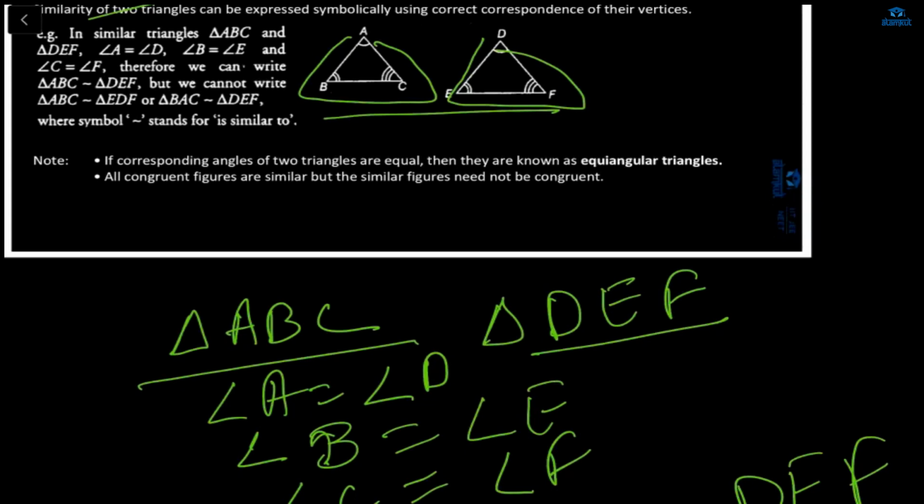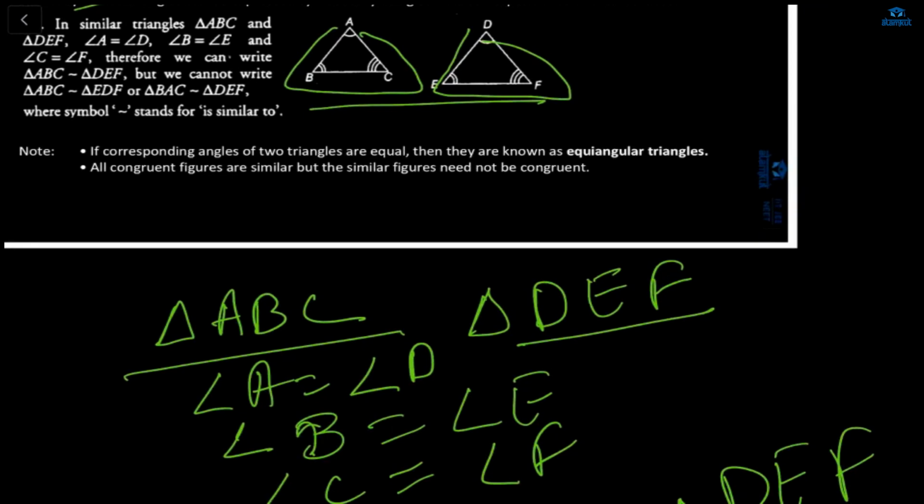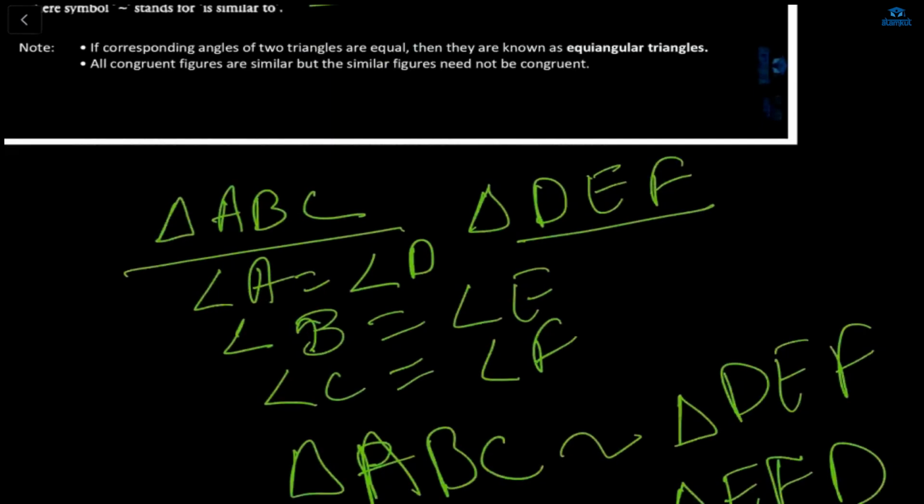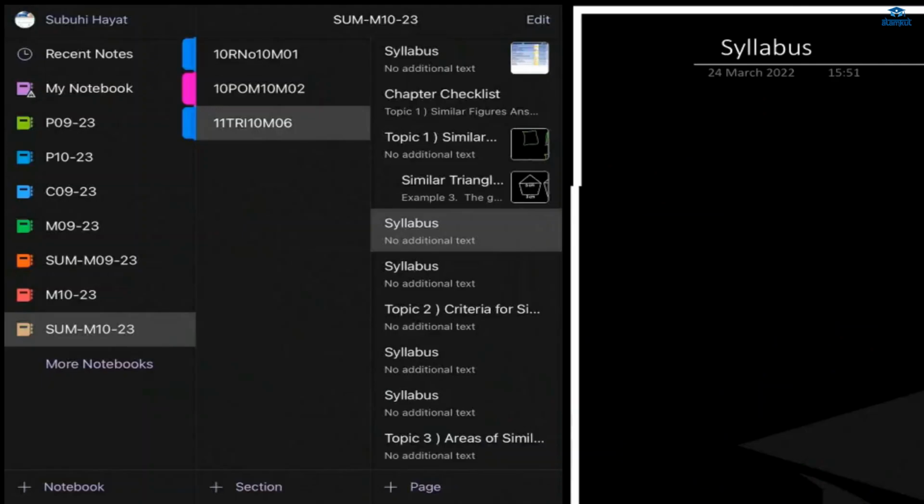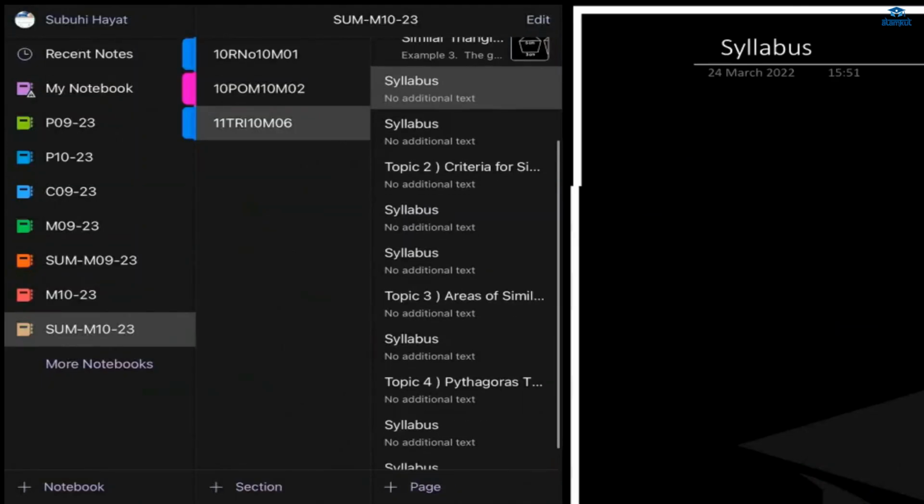Because if you write ABC similar to EFD, it is wrong, because angle E is not equal to angle A. Angle E is equal to angle B. So angle E should be corresponding to angle A. And if corresponding angles of two triangles are equal, then they are known as equiangular triangles, that you already know.